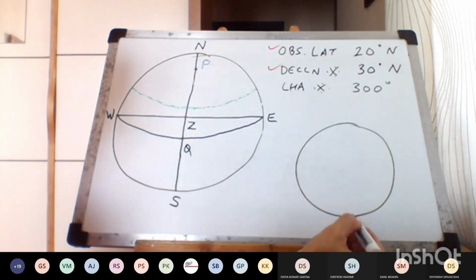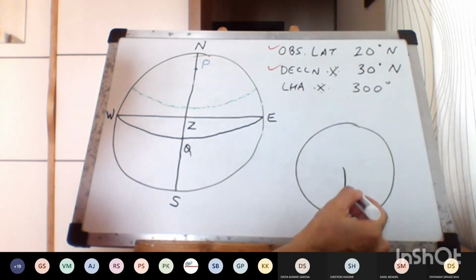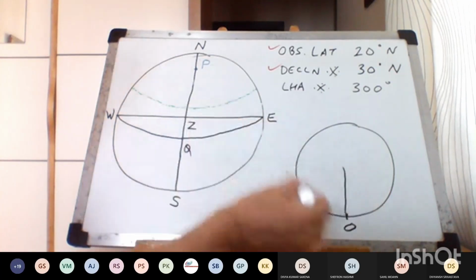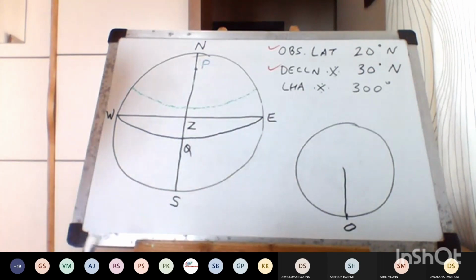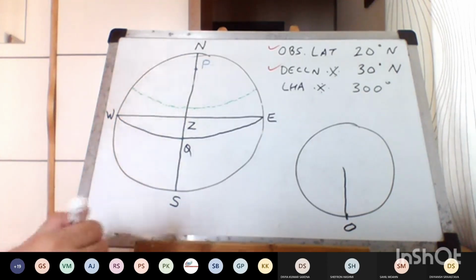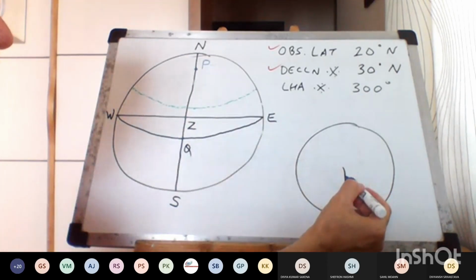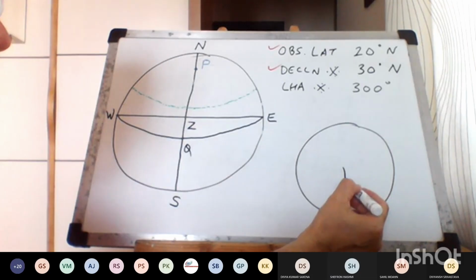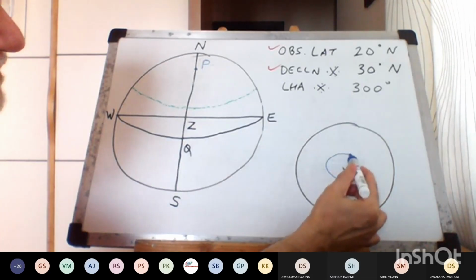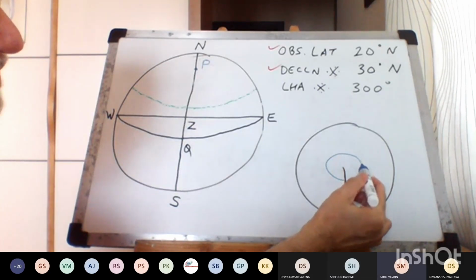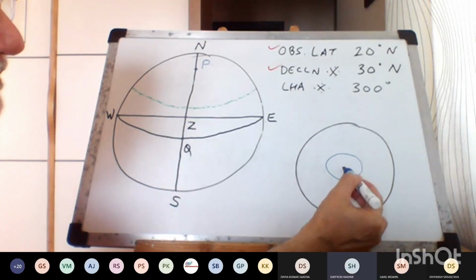Let us say this is the observer, because now you are in the center, and the LHA of the body is 300 degrees. So how and where should I draw? Westerly from here, how much? 180, 270, 300.